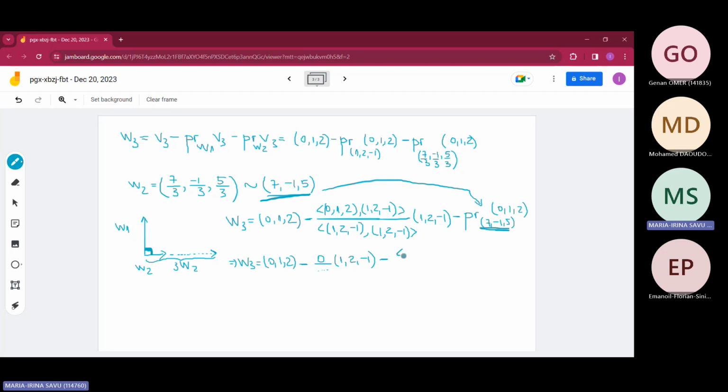This will be the dot product of 0, 1, 2 with 7, minus 1, 5, minus the null vector, minus... you get 0, minus 1 plus 10, which is 9, over 49 plus 1, it's 50, plus 25, it's 75.